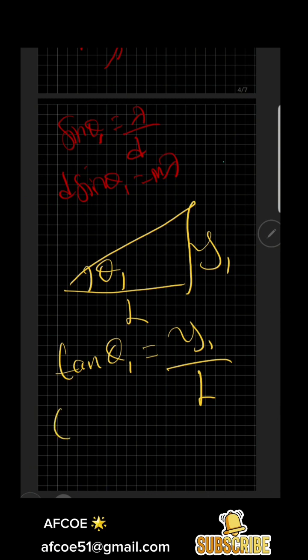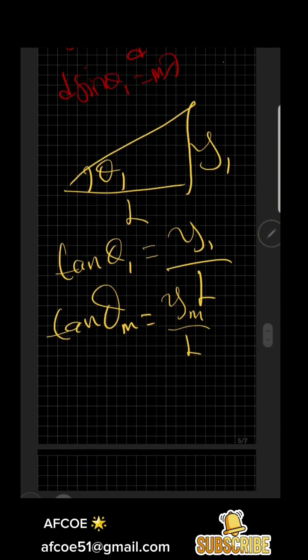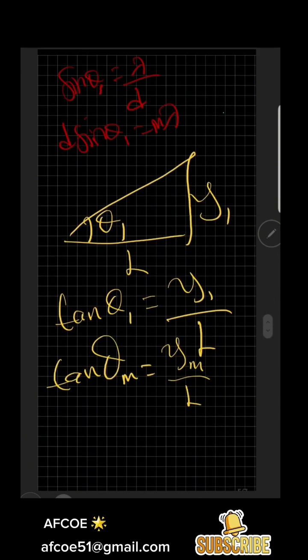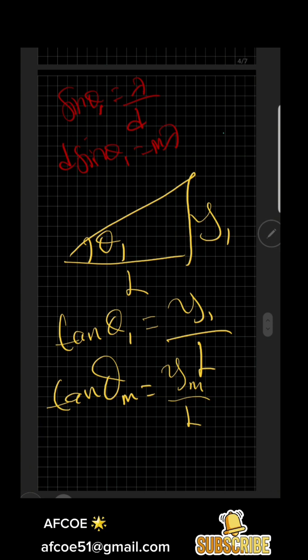So we can say tan theta m, where m can be 0, 1, 2, 3, and so on, will be equal to ym on L. And this is the second formula that you need. And when theta approaches 0, sin theta is equal to tan theta when theta is very, very small.